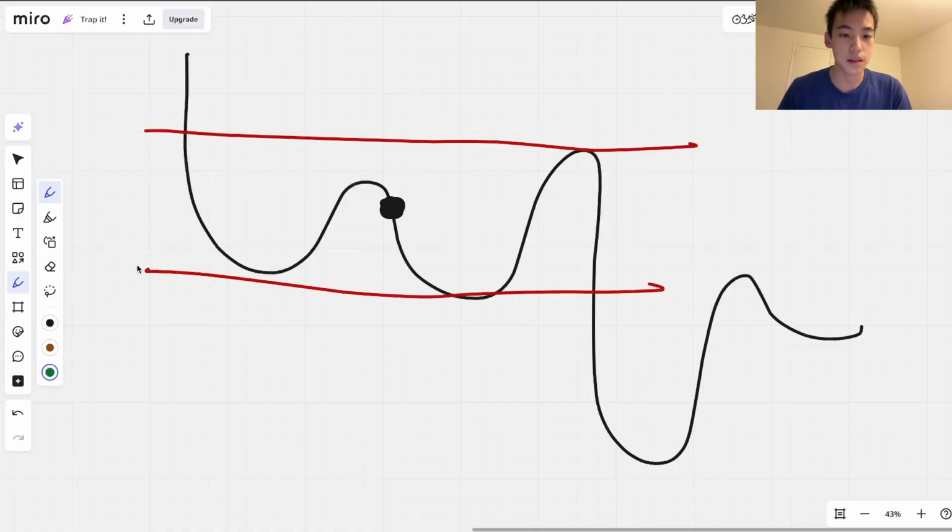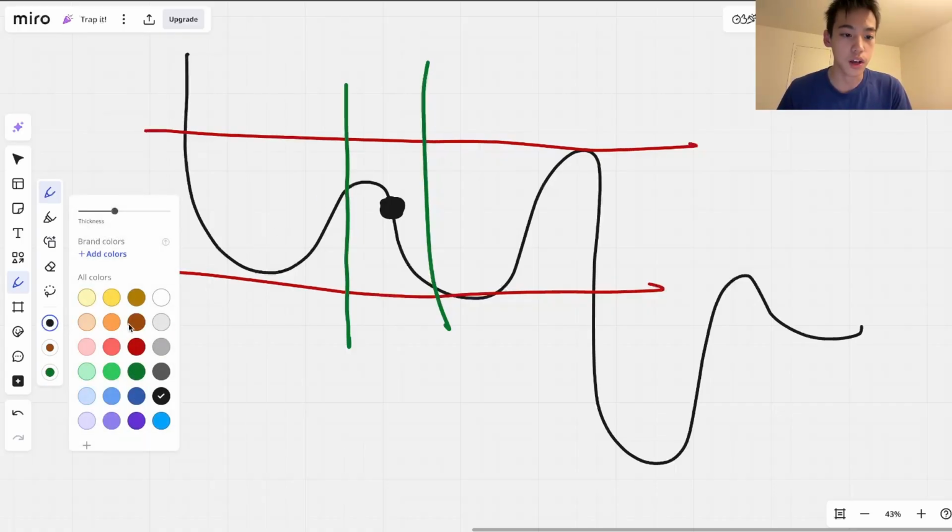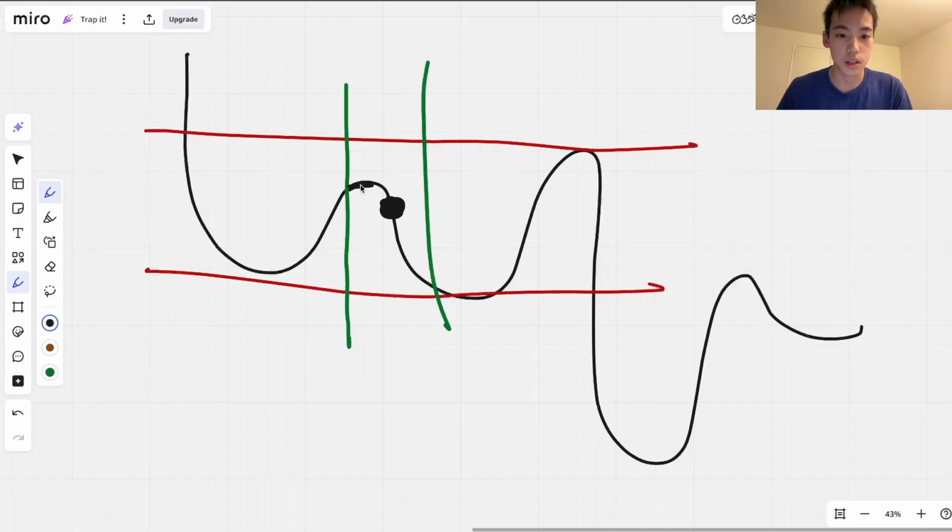So let's just try this green interval. And so obviously we can see that we have constrained our function, and I'm just going to bold it. We have constrained our function so that it lies between the red lines that I originally drew.